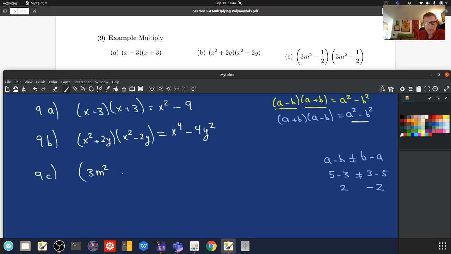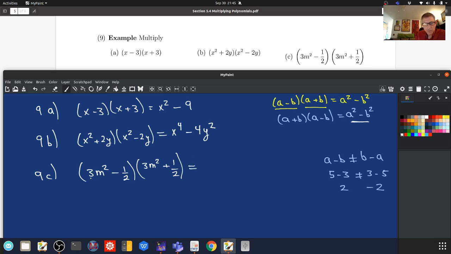3m squared minus 1/2 times 3m squared plus 1/2. You just have to know how to recognize them. The two terms are almost exactly the same, but they differ by the minus sign. So if you look at these, the only difference between these two terms is the minus and the plus.